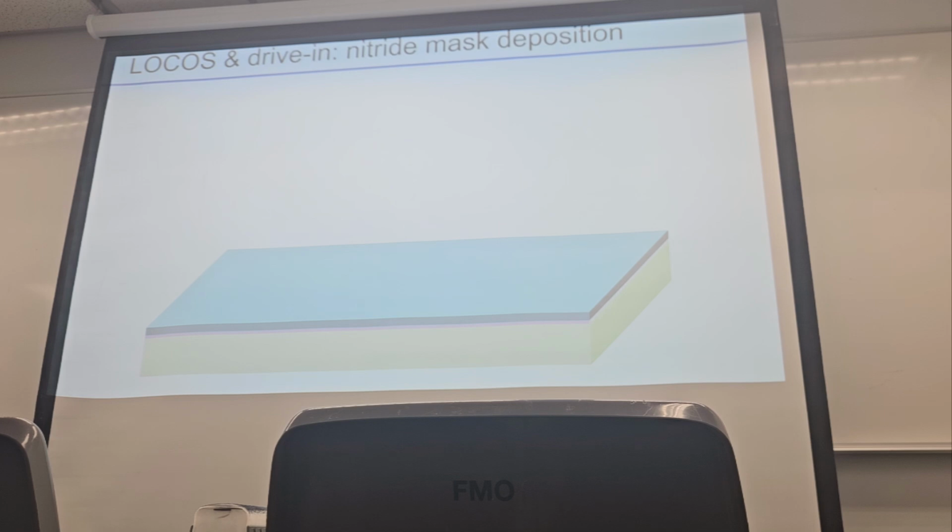So we deposit the silicon nitride and then we coat the PR for the lithography. Again, to pattern any material, we always need the PR to do lithography. PR exposure and development. Then we can etch and pattern the silicon nitride.